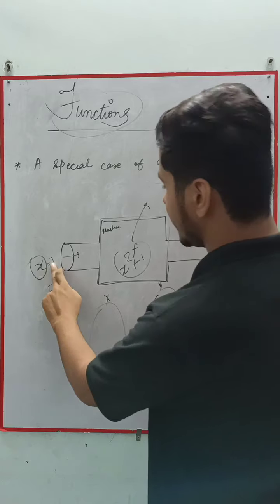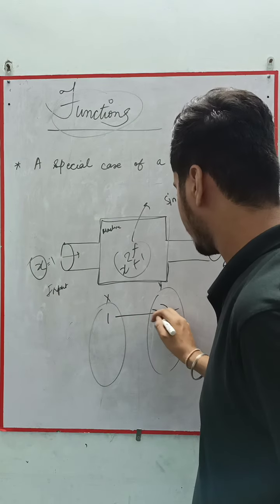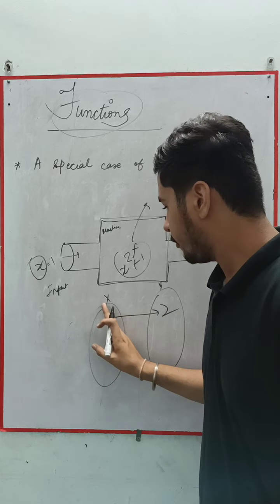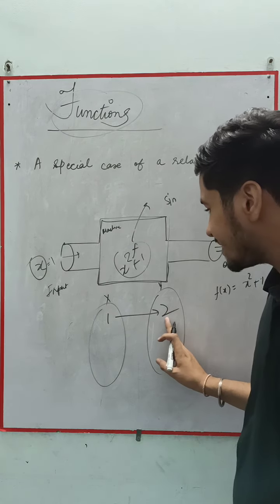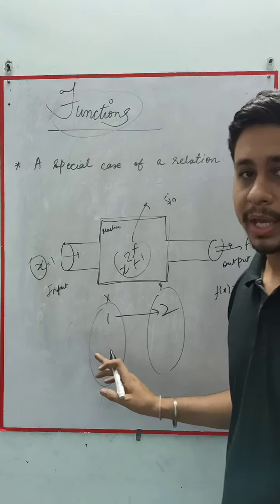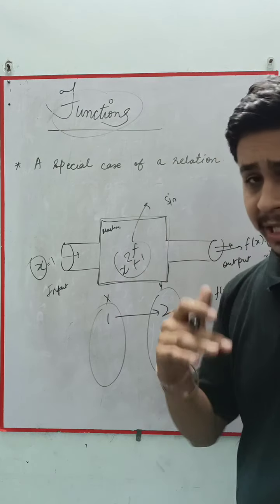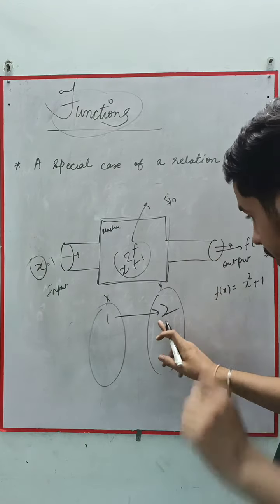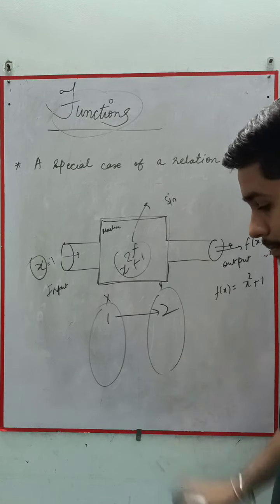Whenever I give x equal to 1, I get y equal to 2. So here 2 is the image of this element 1. I am taking one example to explain what is called the image of an element. So here 2 is called the image of the element. Okay, so you need to remember this.